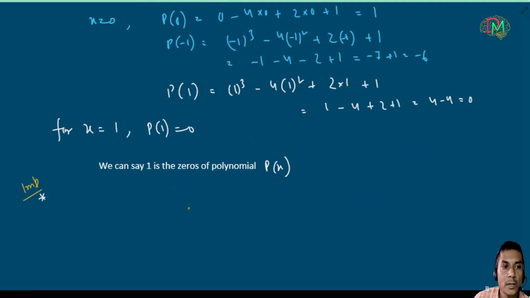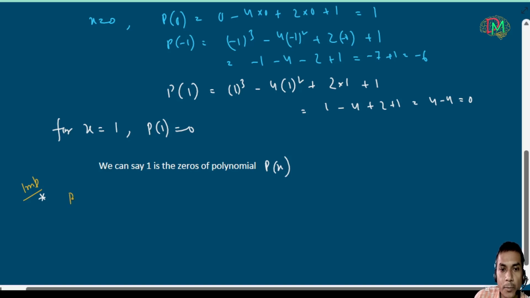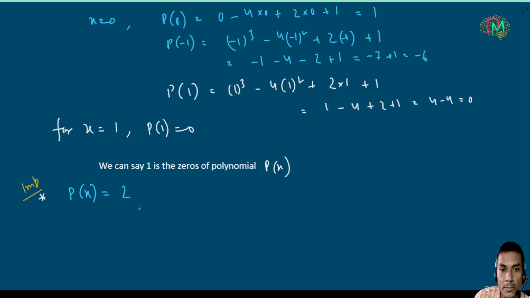Some important points you have to remember: if the polynomial p(x) is equal to a constant, for example 2, it has no zeros.